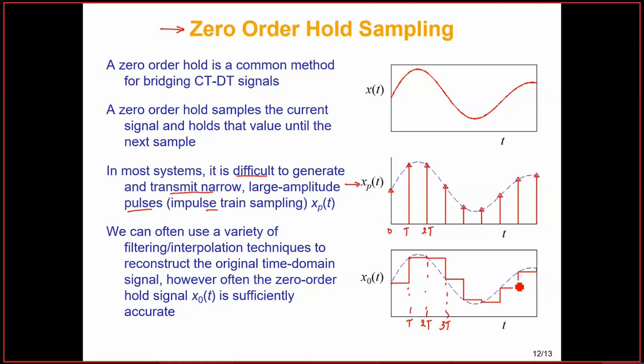Now seemingly this one is sort of distorting the shape here, but our interest is not the shape. Our interest in x of n is basically just the values here. So what is the value here, what is the value here, what is the value here, that is important for us. So this is equal to the value here, value here, value here. So in zero hold sampling, instead of just having an impulse or scaled impulses, we just retain that value.